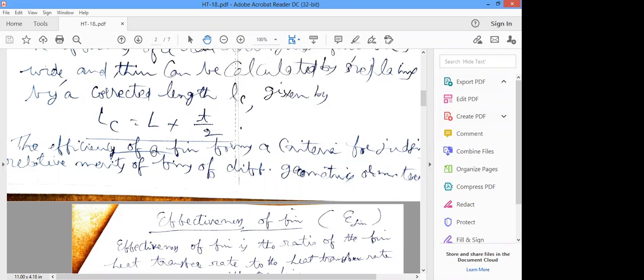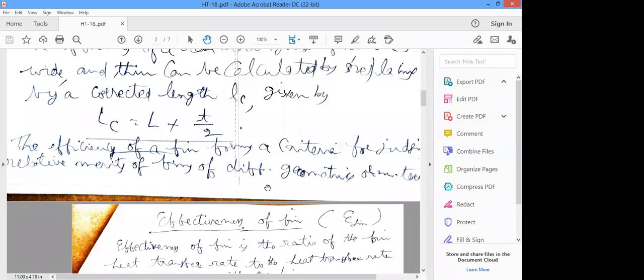Why do you have to calculate the efficiency of the pin? It is the criterion for judging the relative merits of different geometries, such as a rectangular pin, a triangular pin, or a circular pin.